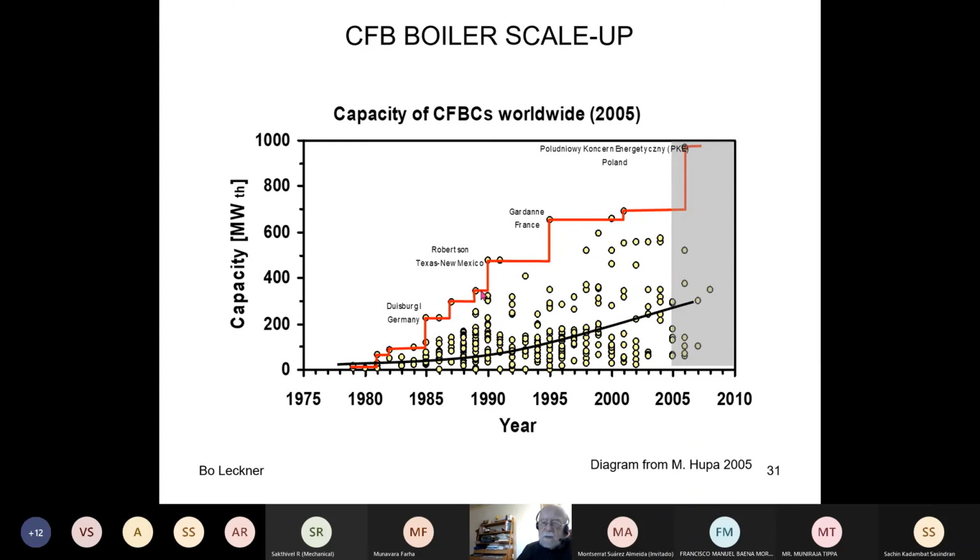So the companies dared to gradually scale up their units because they wanted to come up to a large-scale utility size unit. On the other hand, as you can see also from many other dots here, there were many plants that did not try to reach the absolute high level, and these plants were probably intended for industries or district heating systems and other more limited demands of heat and electricity.